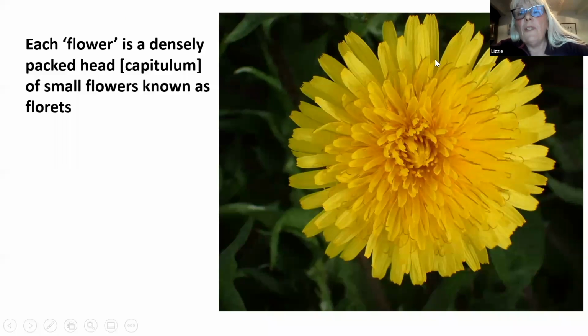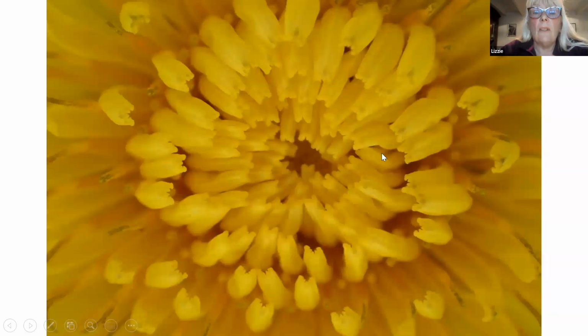Now, each of those is a tiny little flower called a floret there, and you can just see the stigmas coming out, those little curly structures there. I'll come on to them in a minute. That's a close-up, just showing you that they look different in the middle, but they're just the same. They're just not quite out yet, so they're all curled in like that.